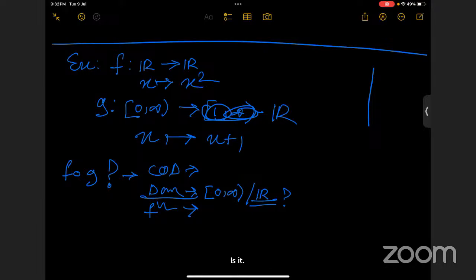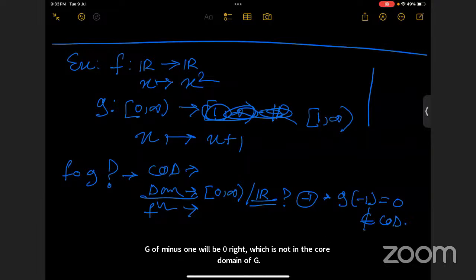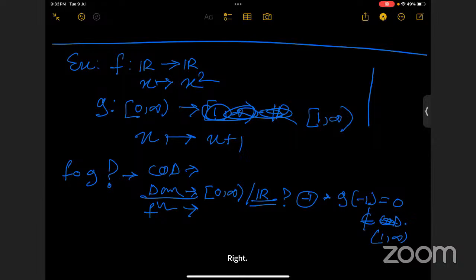If I take something, say minus 1 from R, minus 1 belongs to R, right? Then g of minus 1 will be 0, which is not in the codomain of g. So it's not defined then.